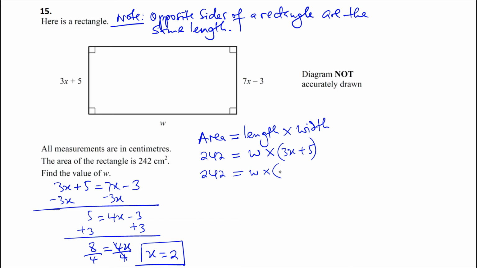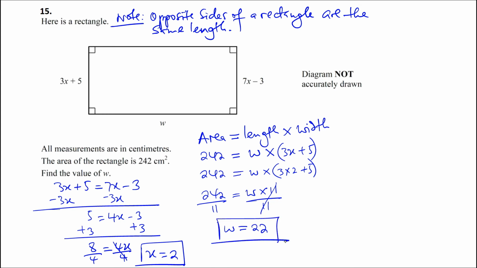So x is 2, so 3 multiplied by 2 plus 5. So that is 6 plus 5, which is 11. So 242 will be equal to W multiplied by 11. Now, because we want to solve for W, we divide by 11. So W will be equal to 242 divided by 11, which will be 22. And that will be the solution for that question.